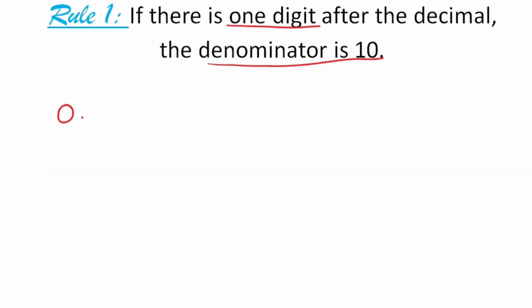Like 0.7. 7 is in the tenths place, because it is after the decimal point. So if there is one digit after the decimal, the denominator is 10.